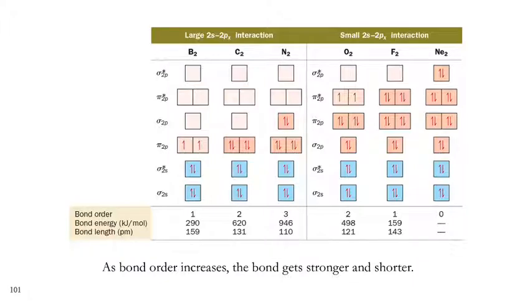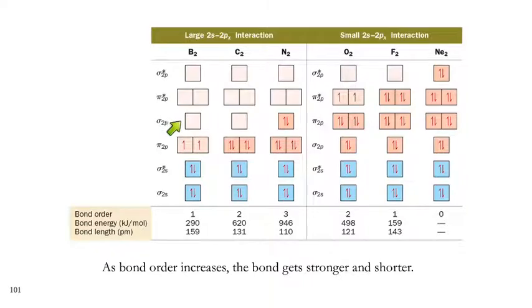Okay, so let's look at the rest of the period 2 diatomic molecules. So boron, carbon, nitrogen, oxygen, fluorine, and neon. So boron has 3 valence electrons. So then in our diagram, we're going to put in 6 electrons. So 1, 2, 3, 4, 5, 6.